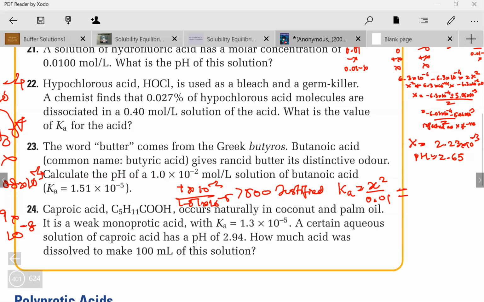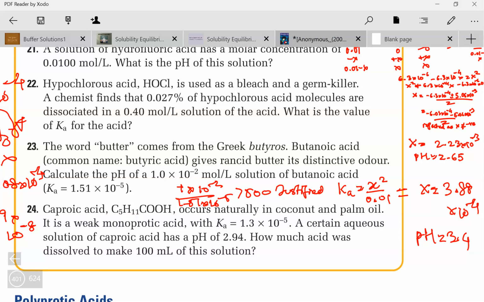So I know my Ka is 1.51 times 10 to the power negative 5, multiplied by 0.01, and taking the square root of that, x equals 3.88 times 10 to the power negative 4. Negative log of that gives me my pH, because this is an acid, so pH equals 3.4.